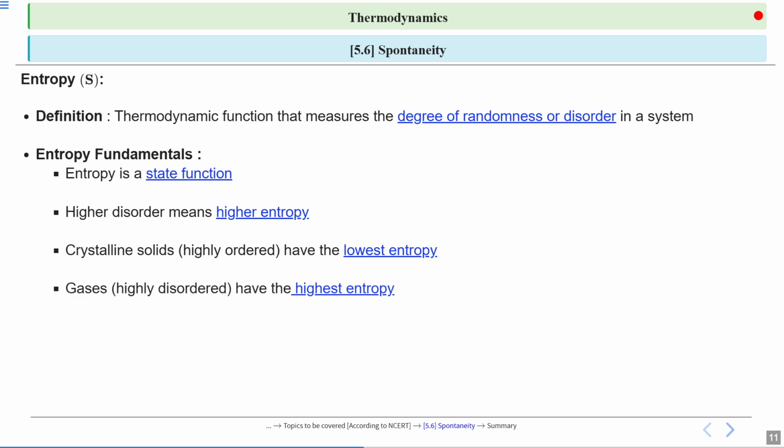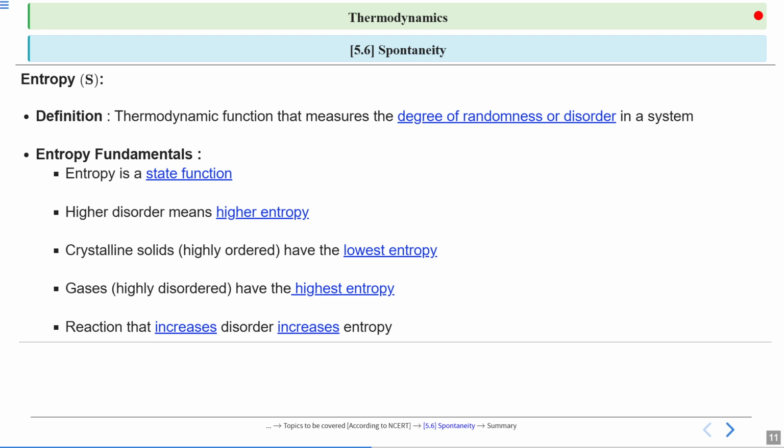So gases have the highest entropy. So this is a very, very important conclusion. If you want to describe the entropy for the same element but in three different states, or you can take different elements or different compounds also, the gas will have the maximum entropy, then the liquid, and lastly your solid.